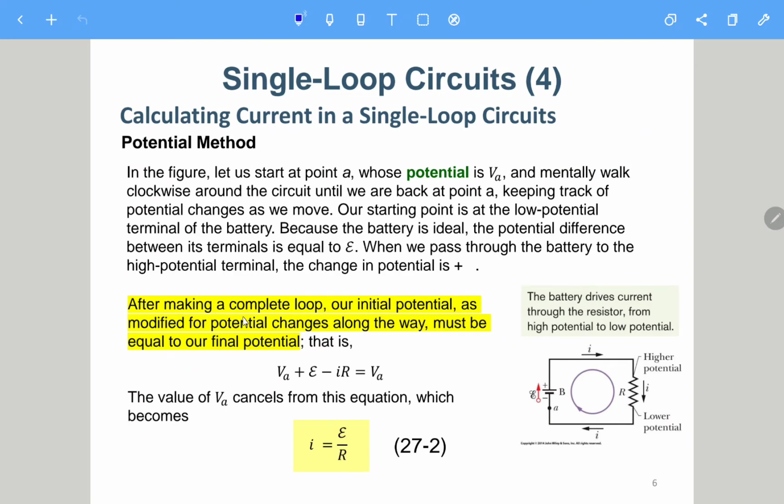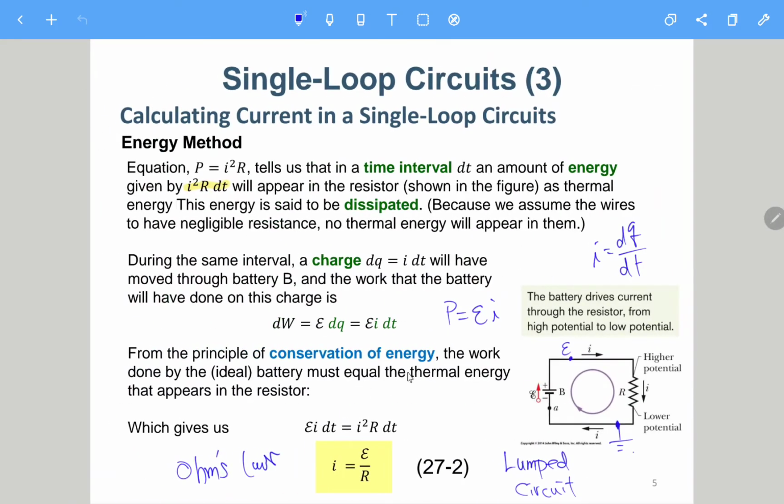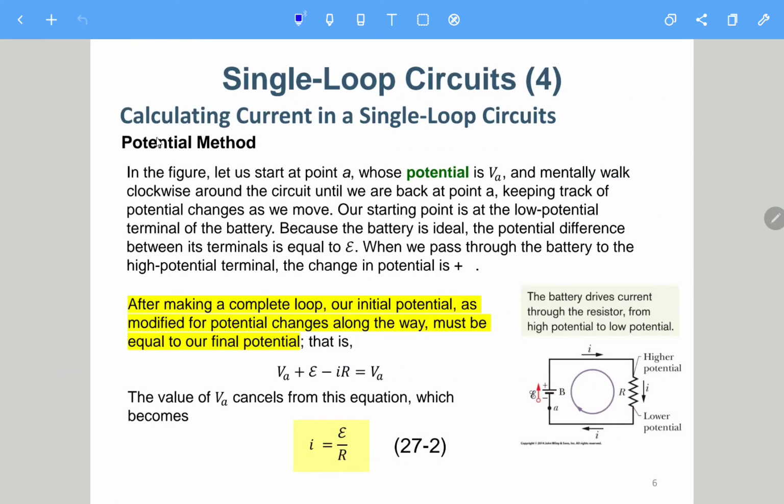Okay, so after making a complete loop, this is the other method called the potential method, which is generally used in circuit theory. In circuit analysis, we seldom use this energy method. We usually just go into the circuit and use the potential method.